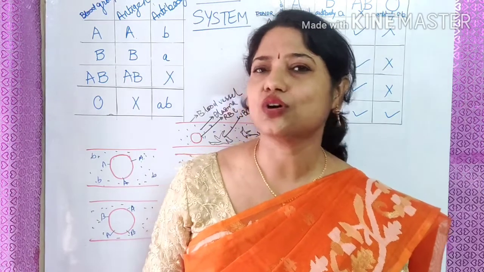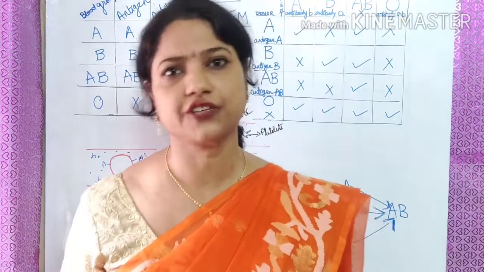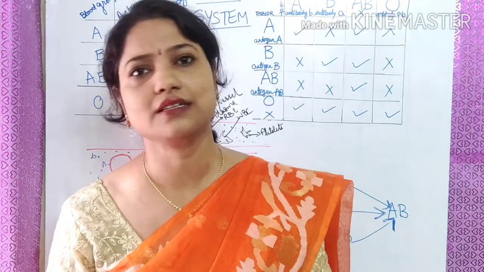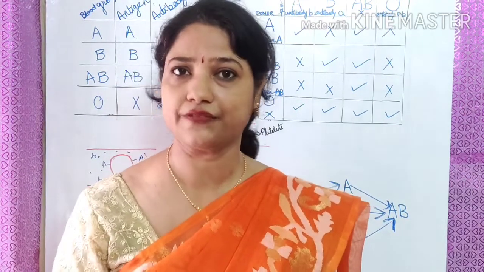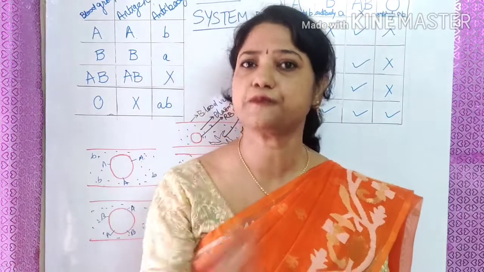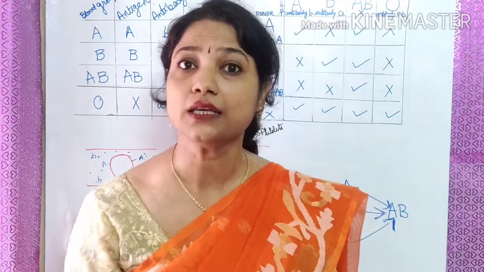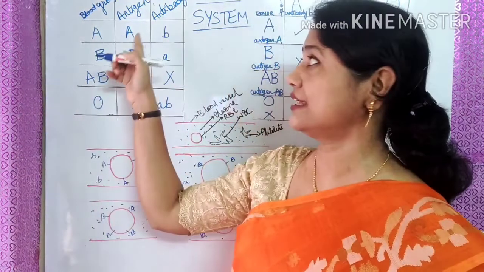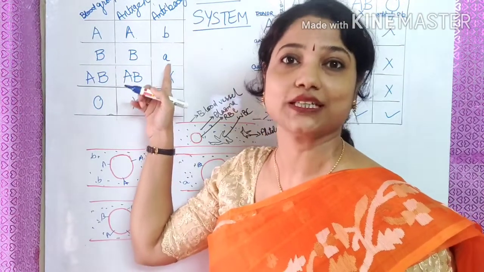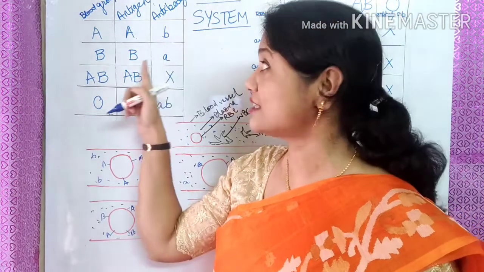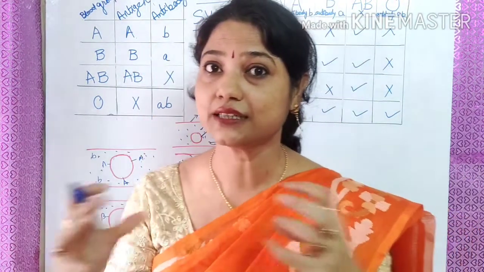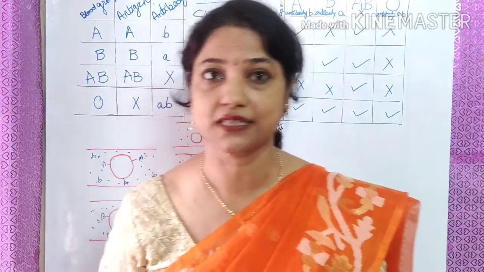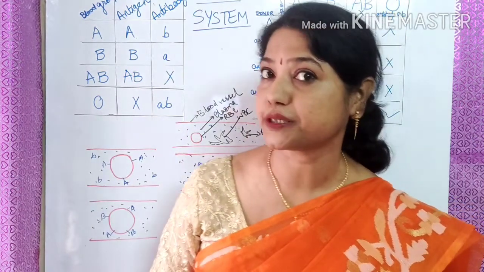But children, it is not so easy. If anybody wants to give blood to any patient, it is not possible to give blood to anyone. Before giving blood, the blood must be tested properly. Why? So that antigen A should not combine with antibody A, and antigen B should not combine with antibody B. Then there will be clumping of the blood cells and it will be fatal to the patient.